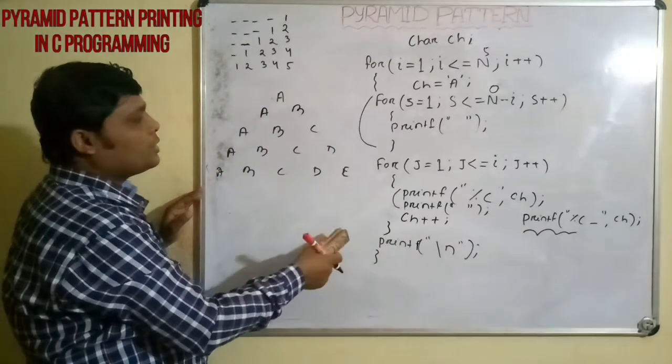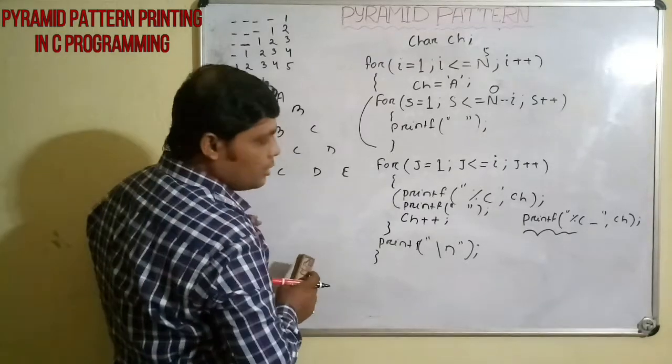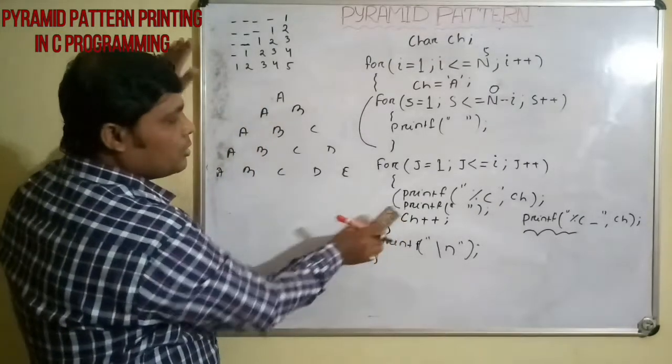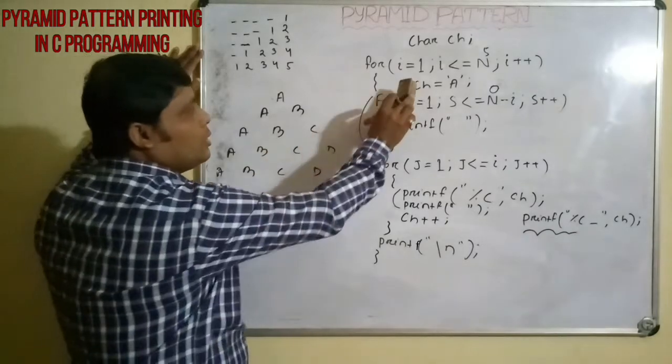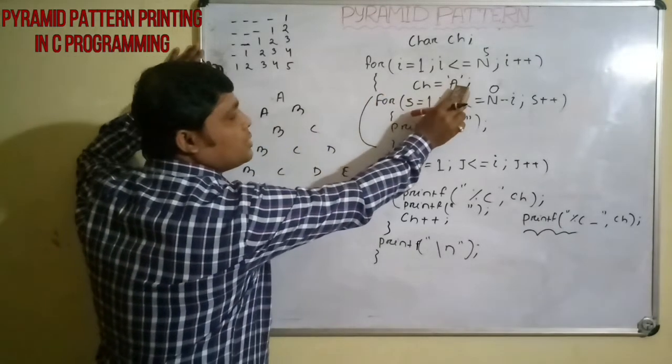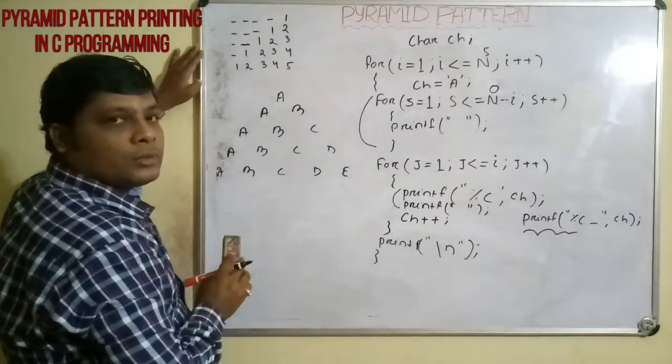You just try to run it and you will see it will print this. Clear? Only a small modification so that it will print this. Only we have taken ch equal to A inside the i loop and ch++ inside the j loop.